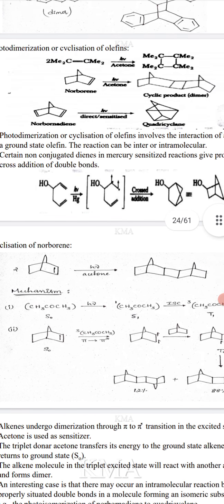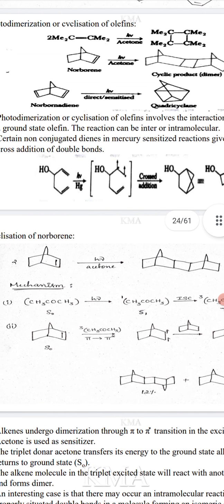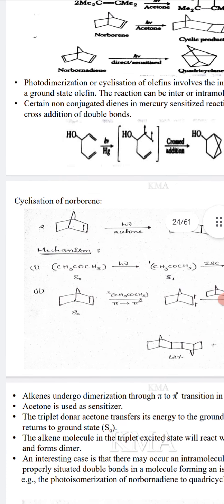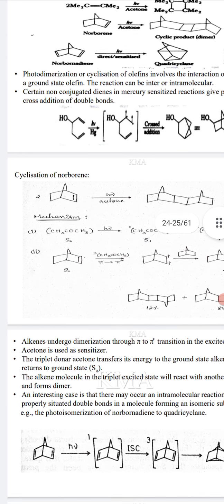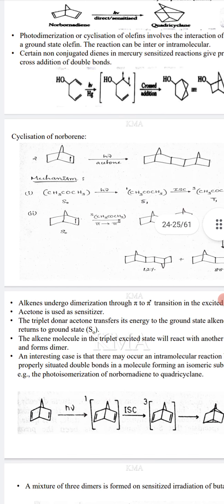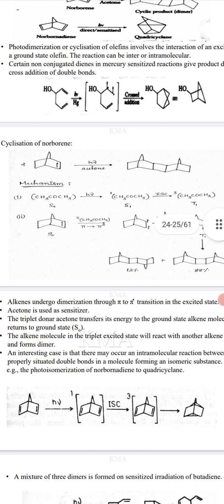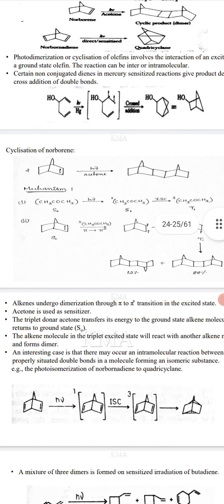So you can see the mechanism. Cyclization of norbornene: alkenes undergo dimerization through pi to pi star transition in the excited state. Acetone is used as a sensitizer.